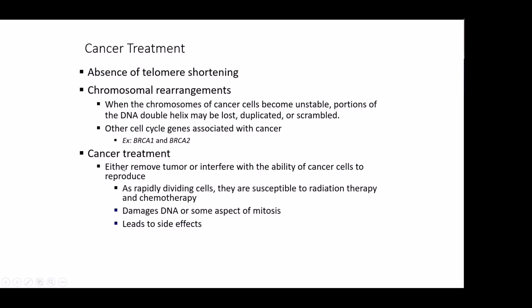These are aiming to make a tumor smaller or to stop the process of reproduction and to perhaps discourage metastases, as the case may go. But there are, of course, substantial side effects.